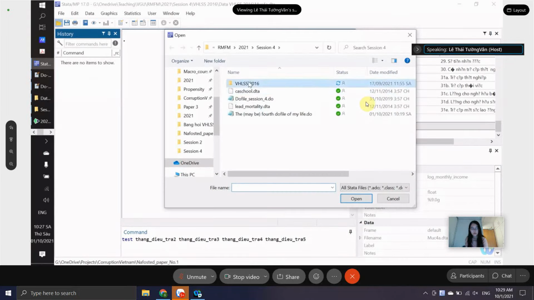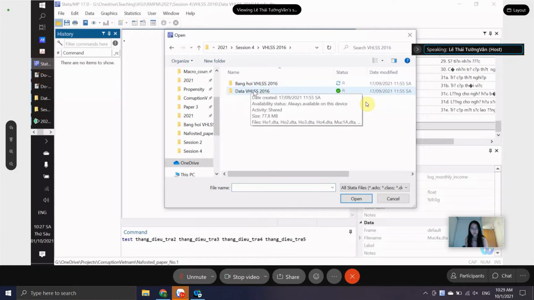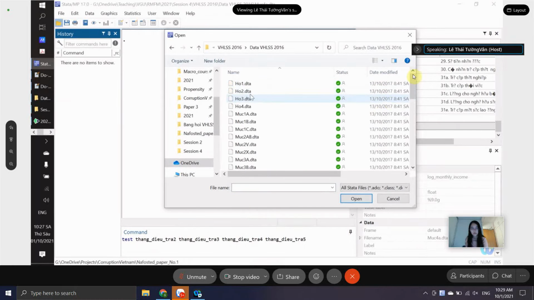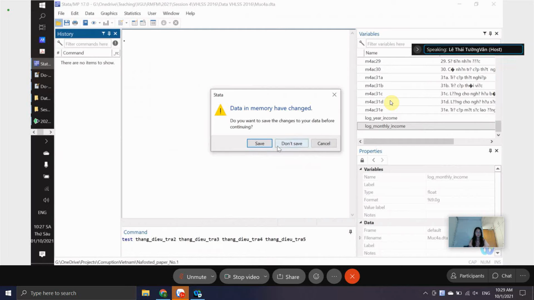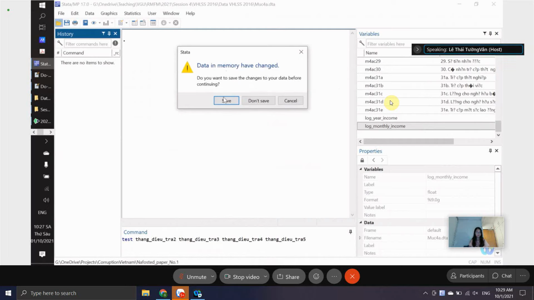You point to the folder or the directory where you store the data, and you choose section 1A. You open it, and it will ask, the data before has not been saved, do you want to save?